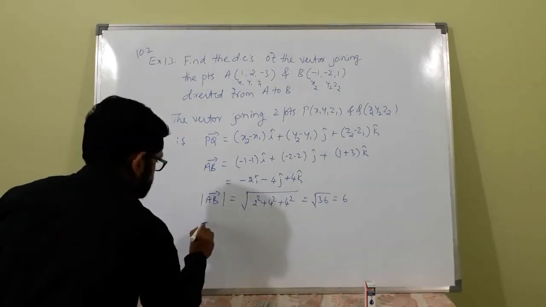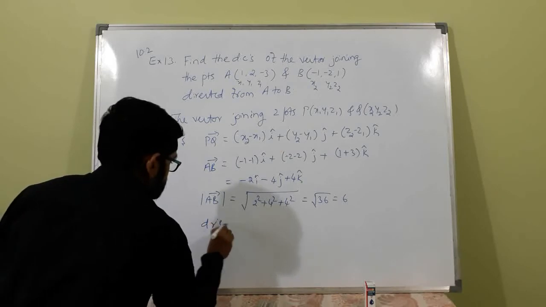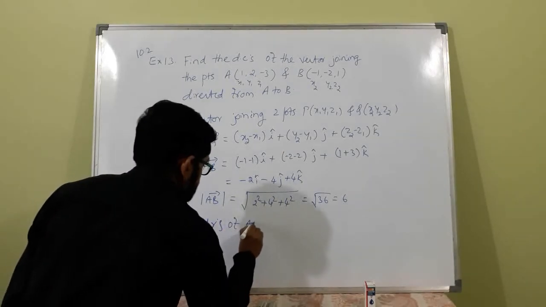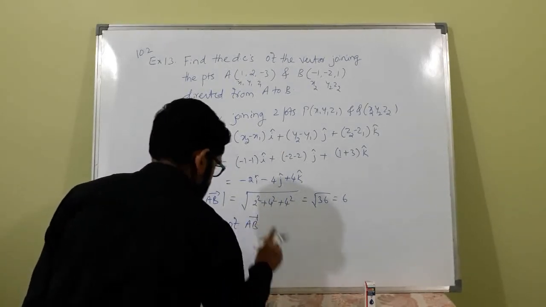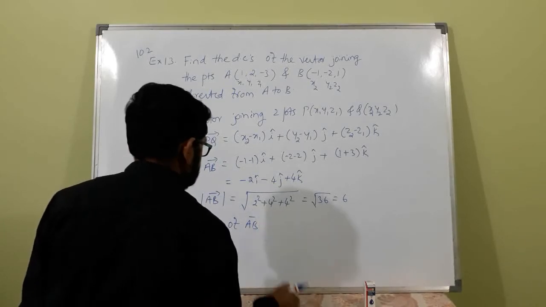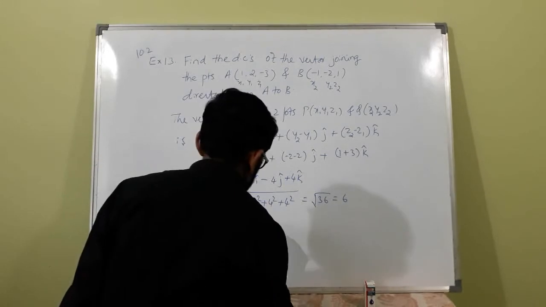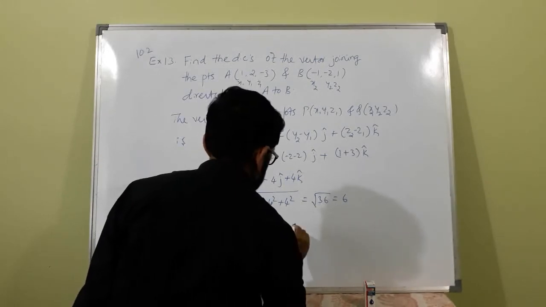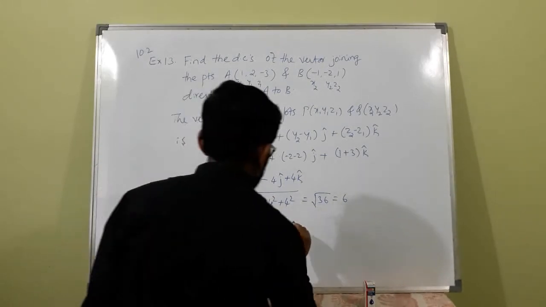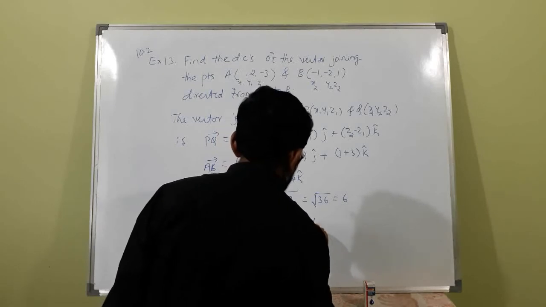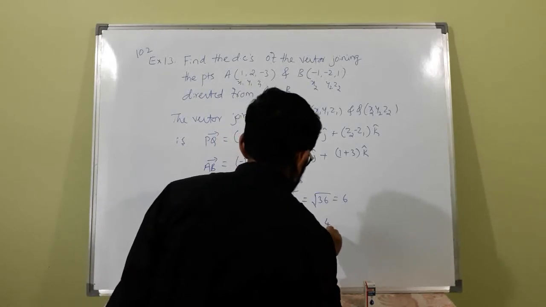So direction ratios of AB are minus 2, minus 4 and 4.